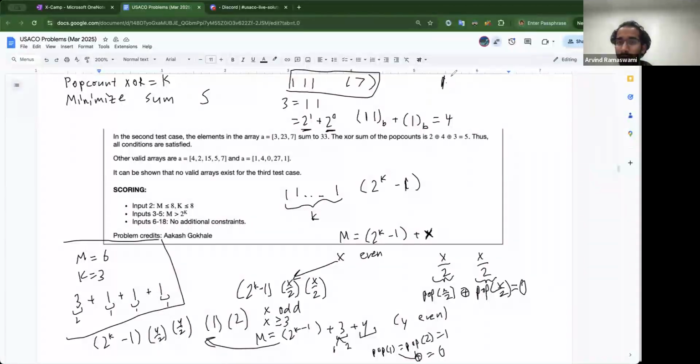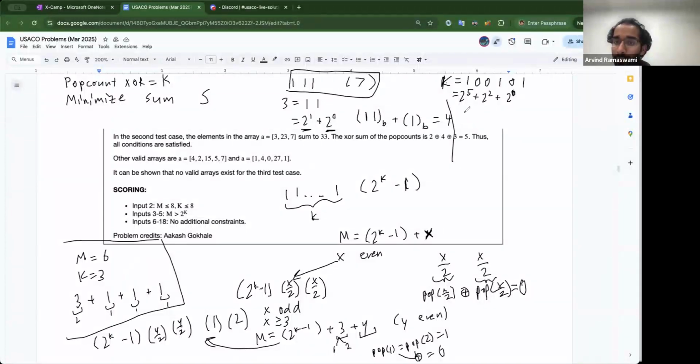We can consider another example of k. Let k have this binary representation: 2 to the 5 plus 2 squared plus 2 to the 0. One way to have pop count equal to k is to make everything equal to 1.